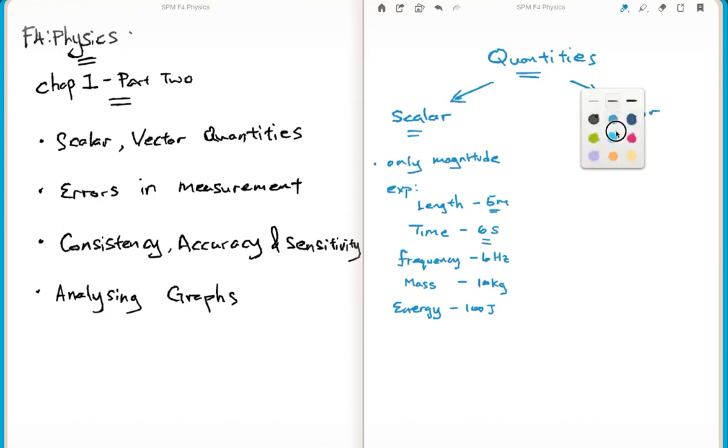Likewise, for vector quantities, the number tells you the magnitude and direction. Let me give you an example.